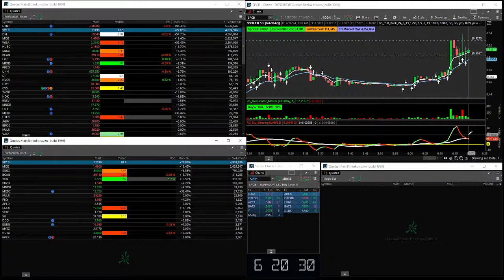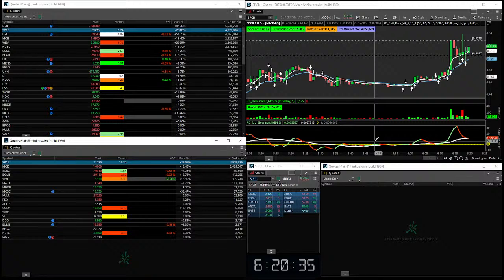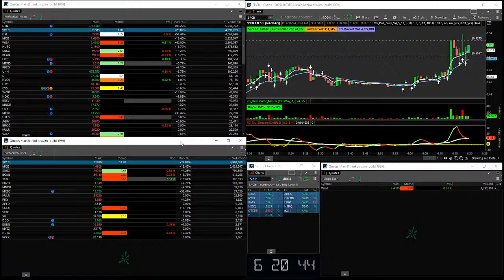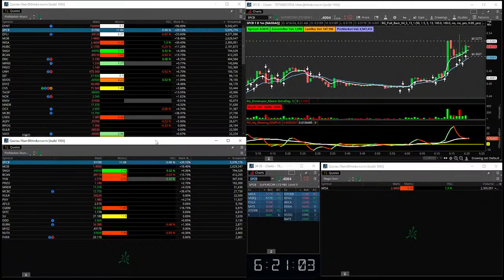I'm watching the My Blessing indicator, see if it turns around and starts running upwards. SPCB back up at resistance, pulling back a little now.